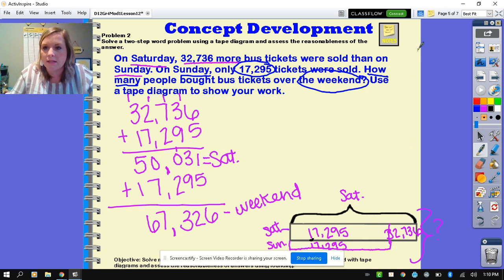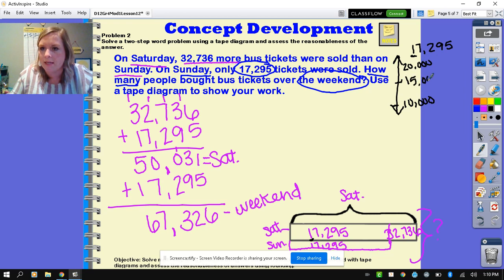So if we have 17,295, when we round that, that answer is going to be between 10,000 and 20,000. We're going to see which one's closer. Right here is going to be 15,000. With that 17,000, that's going to be rounded up to 20,000. So this is about 20,000.